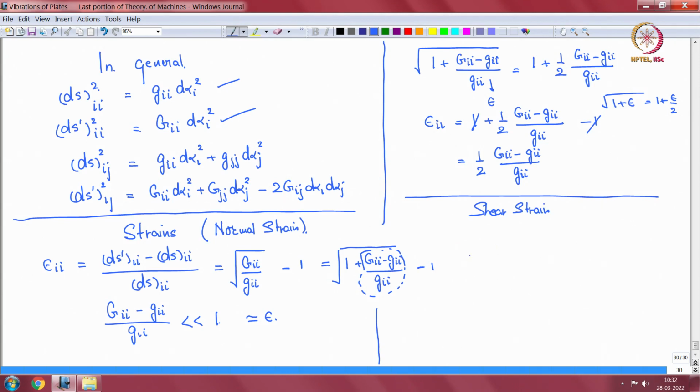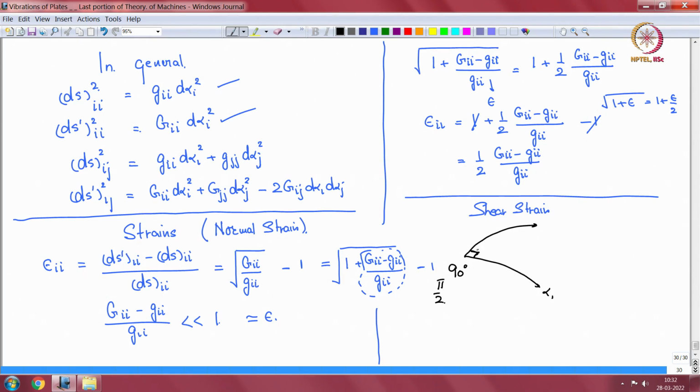We have alpha 1 and let's say alpha 2, and this angle is 90 degrees, that is 90 degrees or pi by 2.